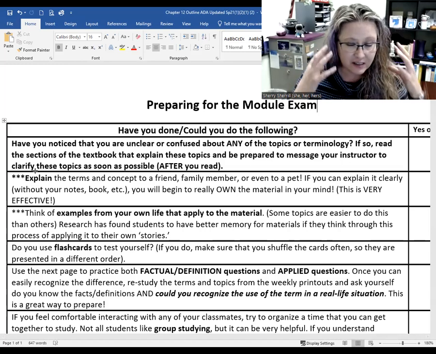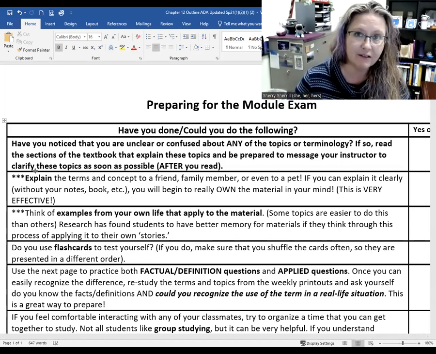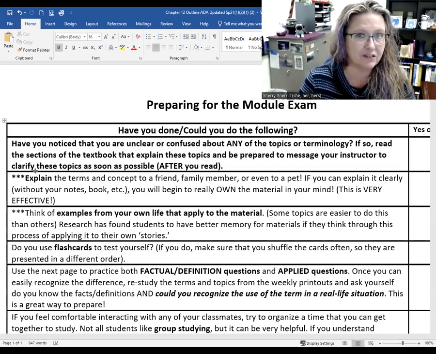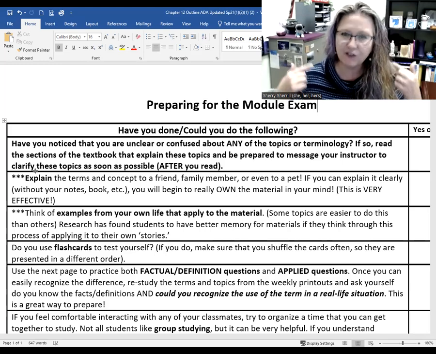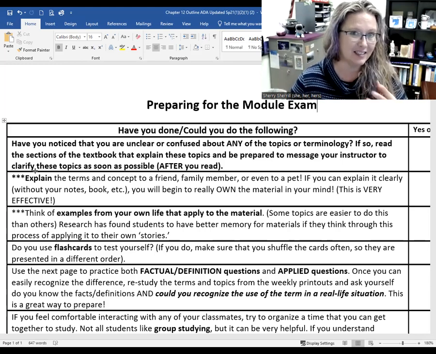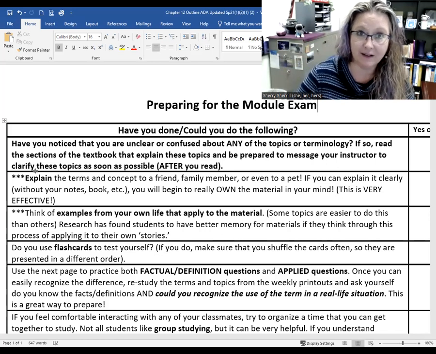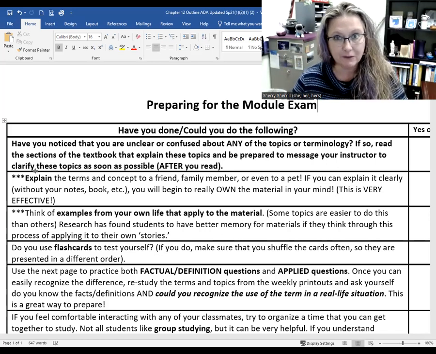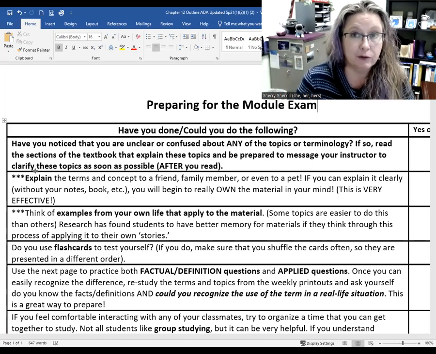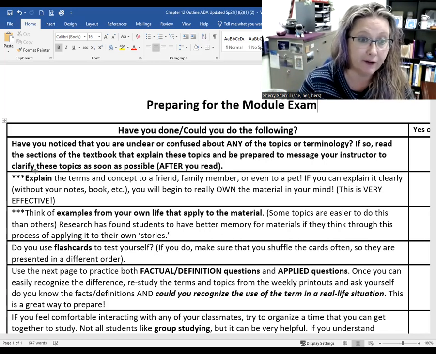You're listening to it, you may be writing down notes, but when you have to put it into words that somebody else understands, that gets further cemented in your memory. And you can kind of see along the way of explaining it where there might be some pitfalls that you don't quite get. So this is a really, really helpful way of preparing.